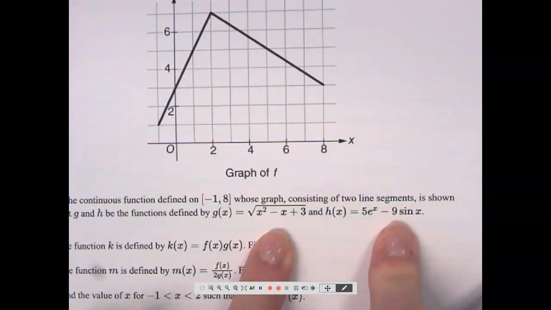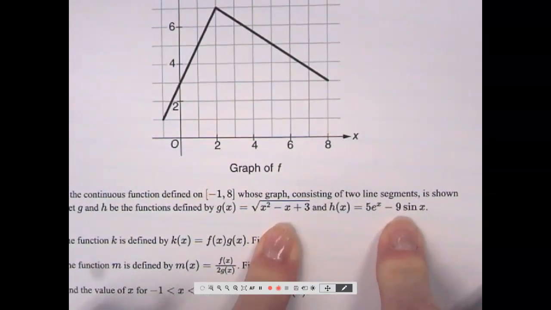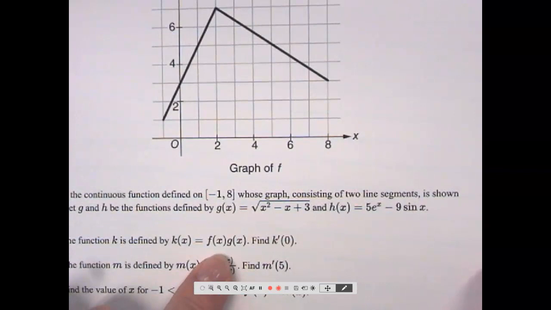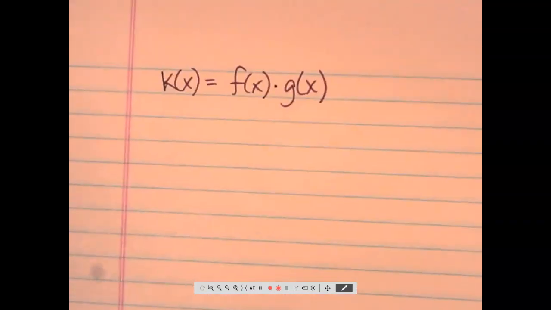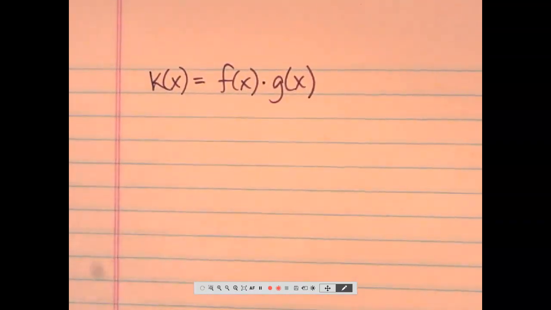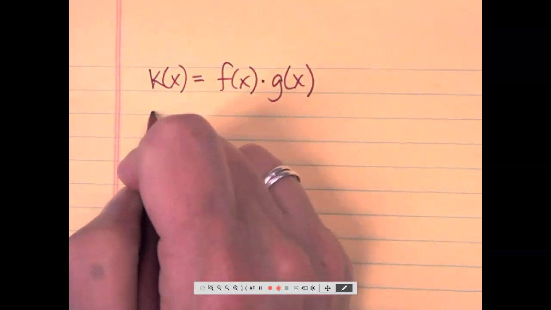Now, do I actually want to multiply those out? No. But can I find the derivative? Product rule. Yes. If they were easy to multiply, then I'd say let's multiply them and then take the derivative. But they're not easy to multiply.